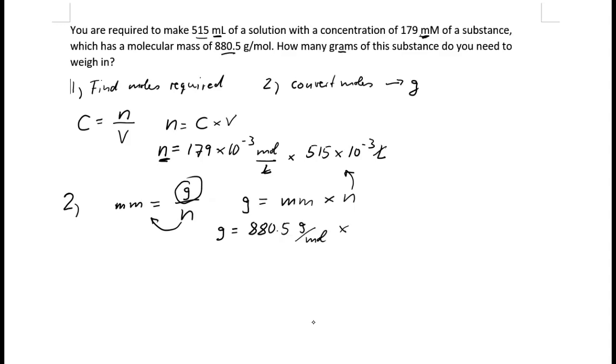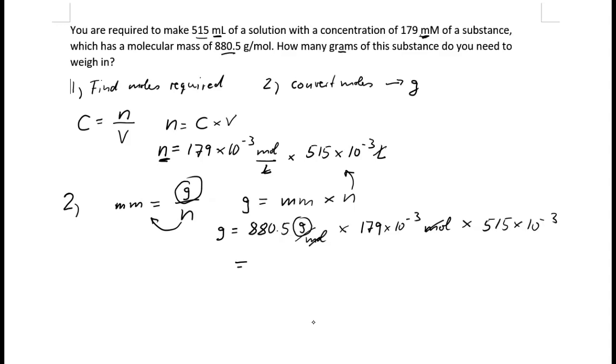And now we can simply take what we've written here and put that in. So that is 179 times 10 to the -3 mole. The unit liter has been cancelled out already, times 515 times 10 to the -3, and the liter have disappeared. What we see is that the unit mole also cancels out, and all we have got left is grams.